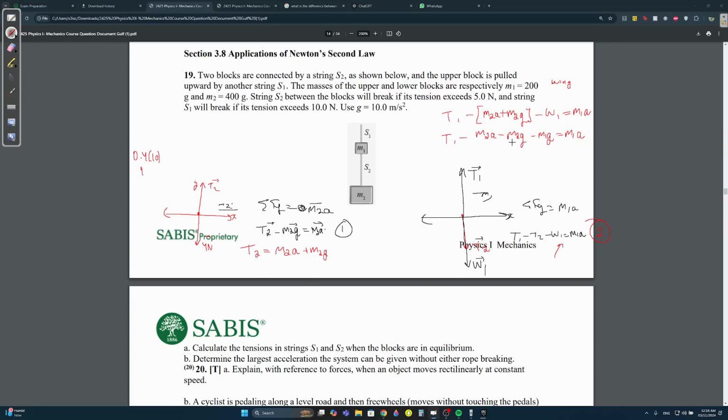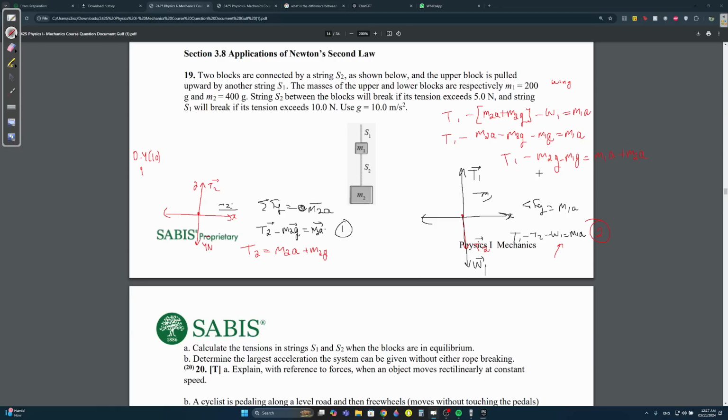Why am I doing this? Because I want to find A. So I'm going to take this A over here and continue. T1, we're going to take this to the other side, so minus M2G minus M1G is equal to M1A plus M2A.